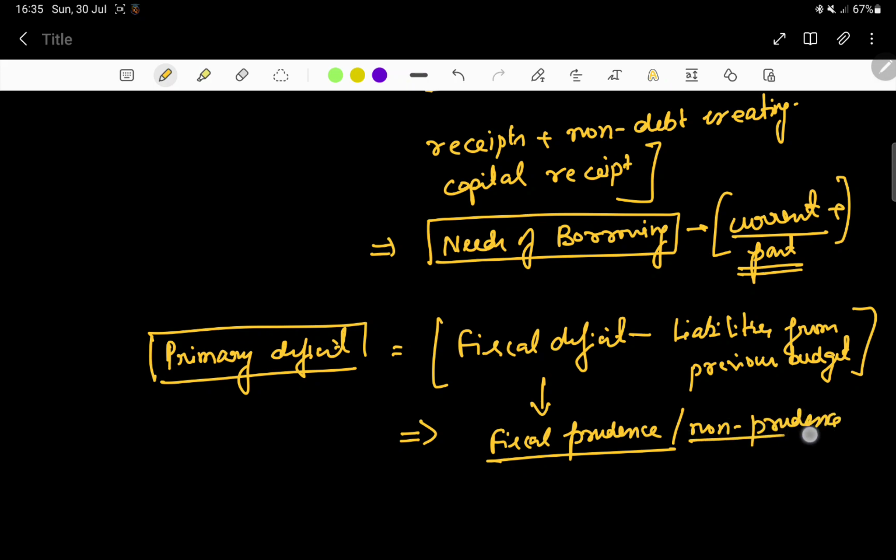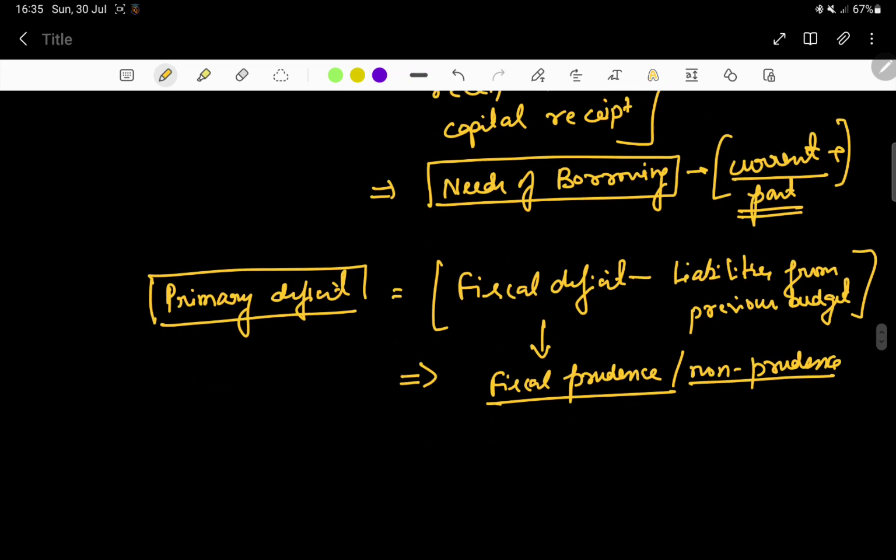If you find this value increasing with every successive year, it shows that your current expenditure is increasing, and it is not a good sign for any economy, because then your debt becomes unsustainable.